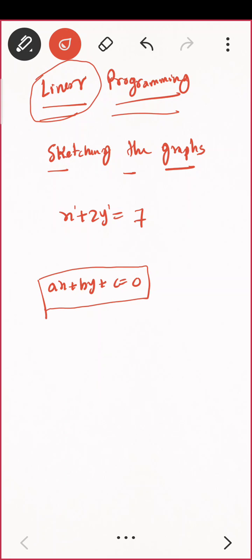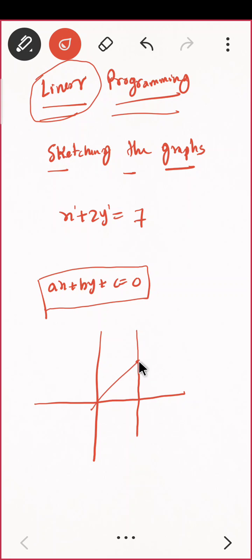Correct? Now, to draw a straight line, can I draw a straight line with a single point? If I'm having a single point, how many straight lines are there passing through this point? Yeah, infinitely many, correct? Do you agree, everyone? Like this also, like this also.